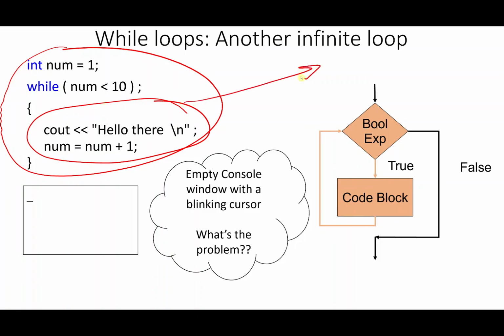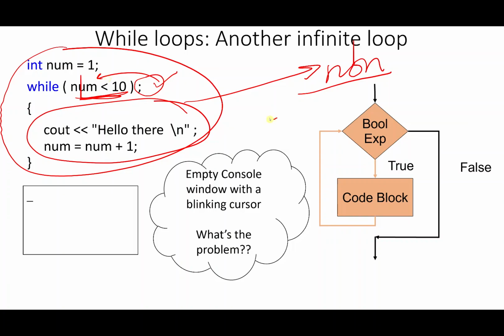This code block is going to be executed zero number of times. Why? Because of this. Remember, this is an empty statement. This empty statement means that while this Boolean expression is true, execute this, go back to check, execute this.